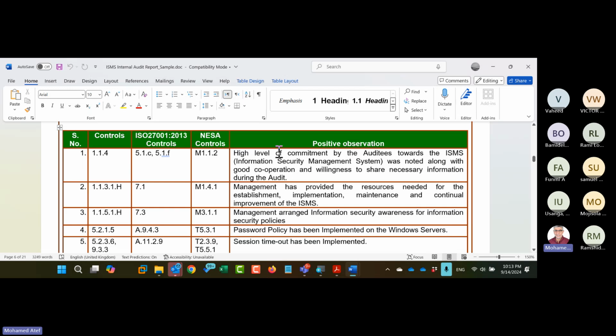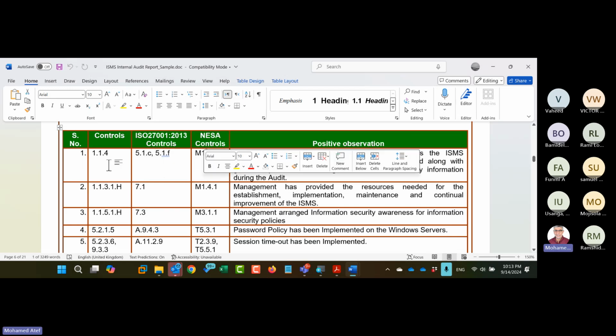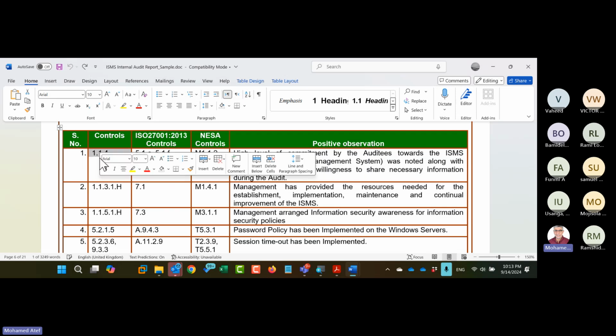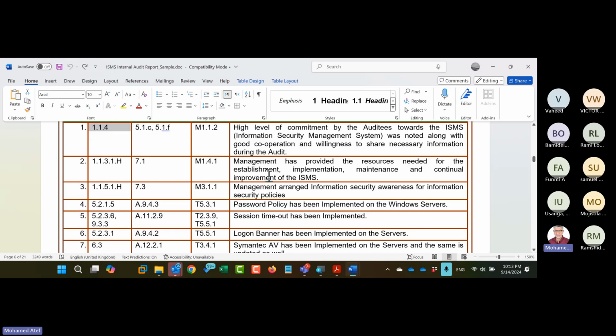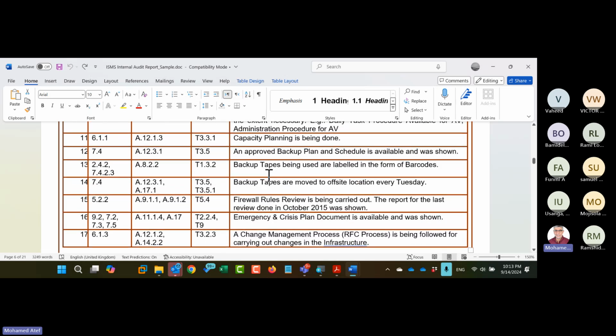So it's not enough that you write what you find good in the organization. You have to map it with the standard. This is aligned with this specific control in ISO, and with this specific control in NISA, and with this specific control in ISR. You have to do it this way. But I strongly suggest highlighting the positive points of any organization. Okay.